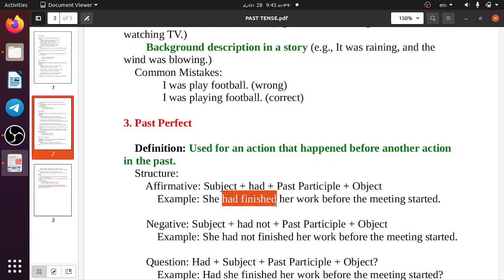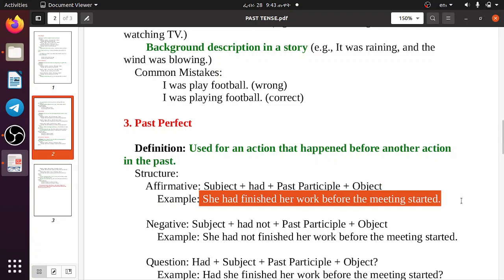So, she had finished her work before the meeting started.